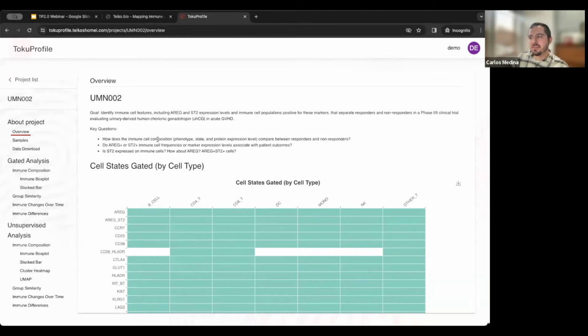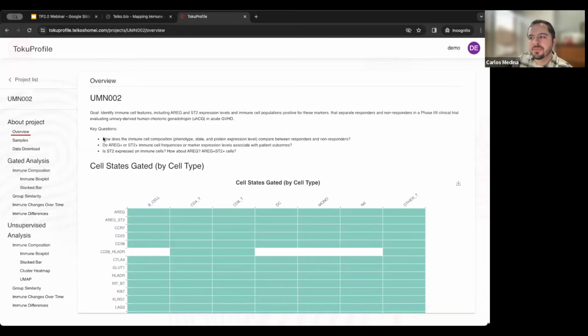How does the immune cell composition compare between responders and non-responders? They're interested in phenotype or population size, cell state, and protein expression of these markers. And secondly, do immune cells expressing AREG or ST2, do their frequencies or marker expression levels correlate with patient outcomes?